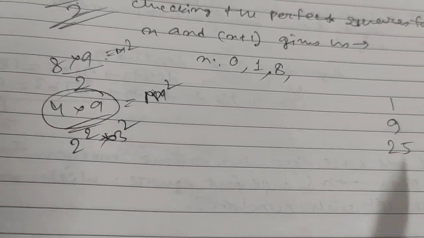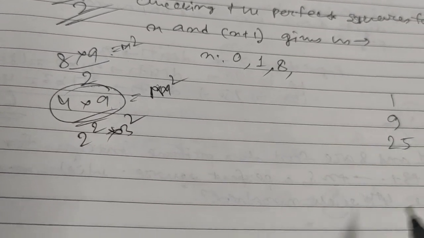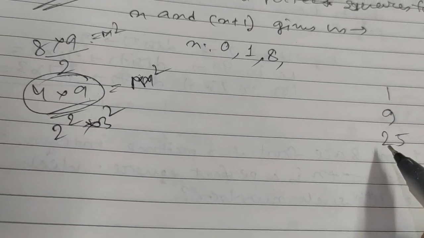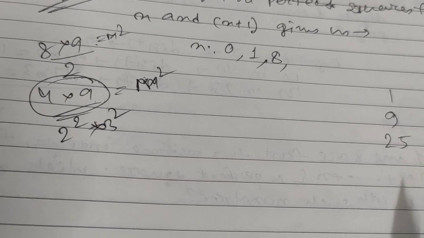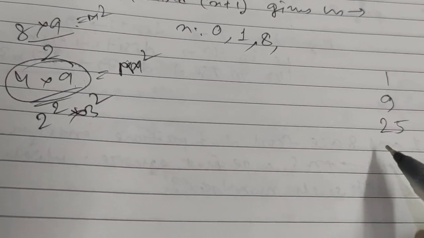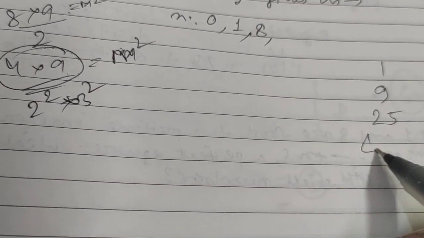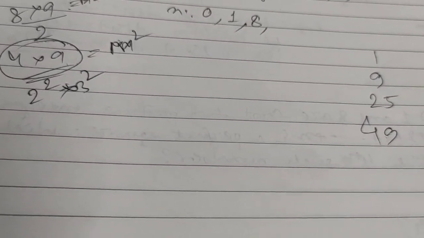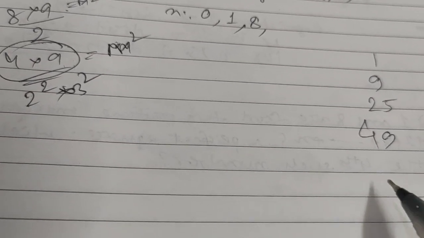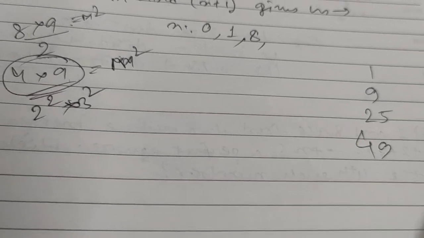So you can see that this number is 9, so 9 is here. Next is 25, and next one is 49, 7 square.